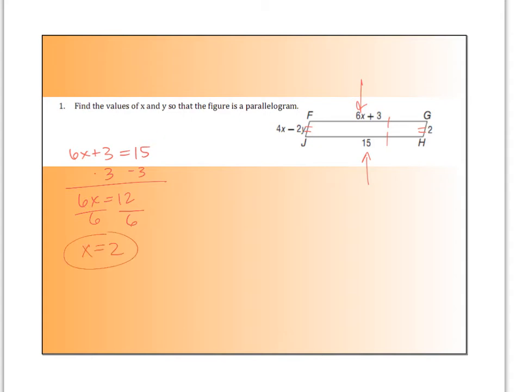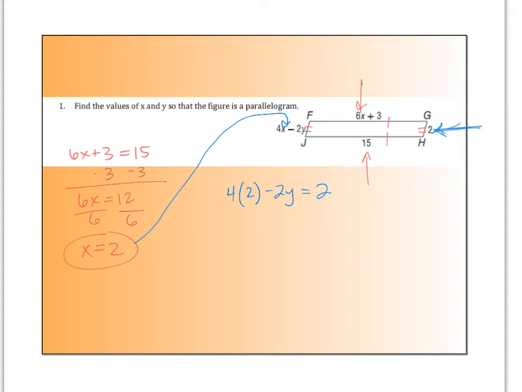Now we have to use that 2, and we're going to plug it in right here for the x, because x equals 2. So we're going to say 4 times 2 minus 2y, instead of 4x minus 2y. And that equals the one across from it, which is over here, which is 2.